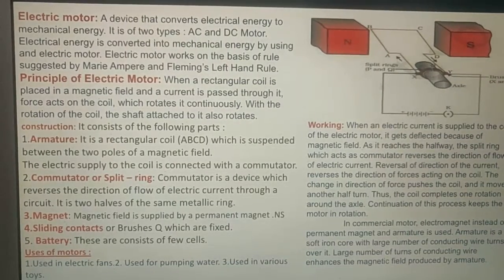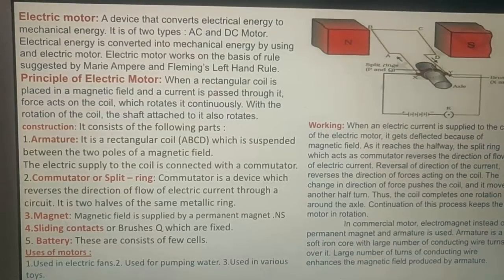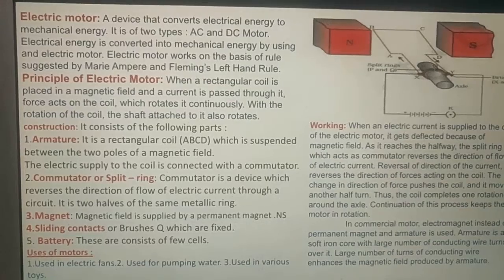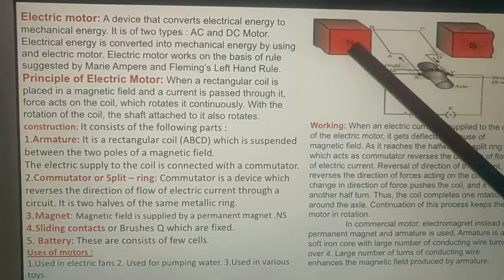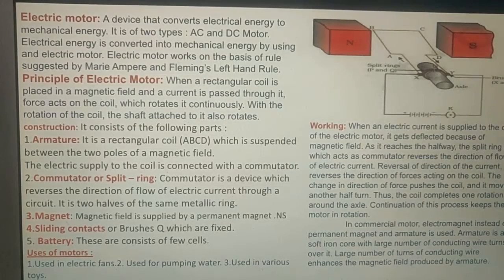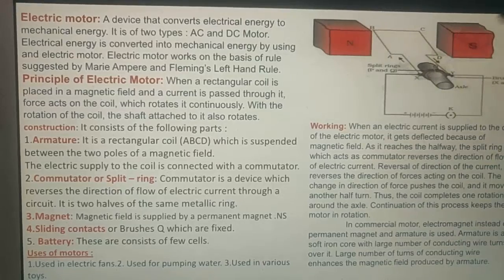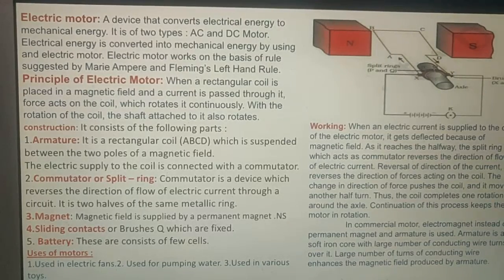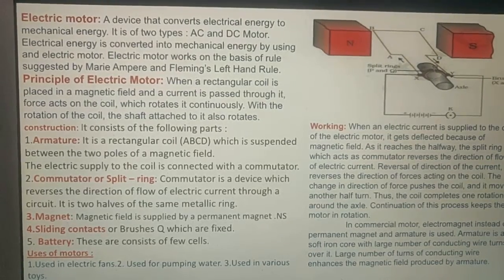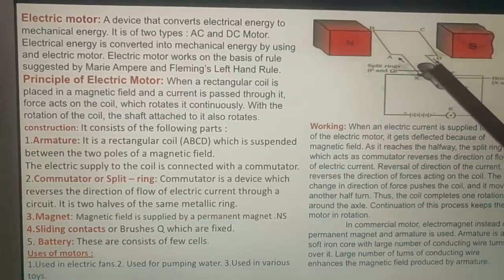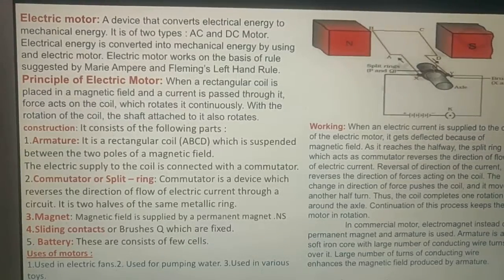The principle of an electric motor: when a rectangular coil, this is the rectangular coil here, is placed in a magnetic field, north to south, and current is passed through this rectangular coil, it starts rotating continuously. With the rotation of the coil, the shaft attached to it is also rotating.